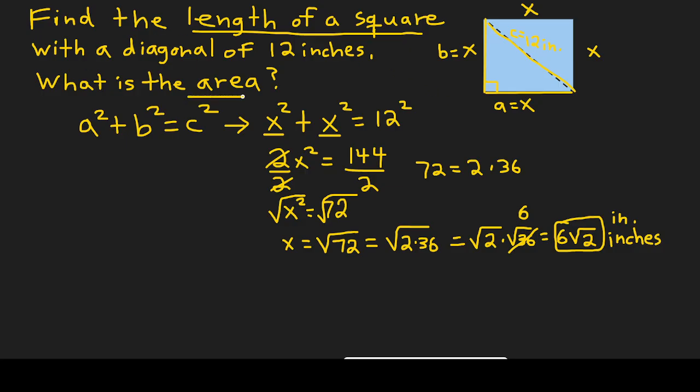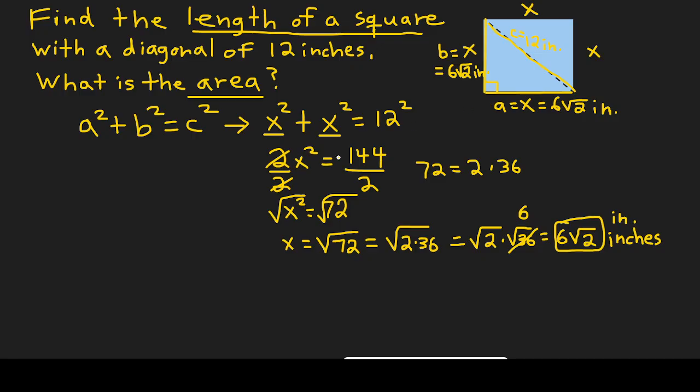Now we need to find what the area is of this square. So we know that in this case, the width here is 6 times the square root of 2 inches. We also know that the height is also 6 times the square root of 2 inches, since all the sides of a square are equal.